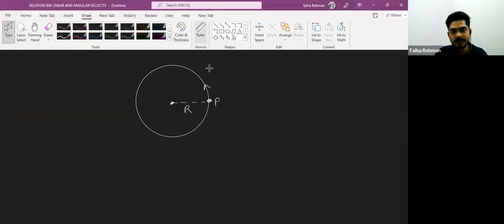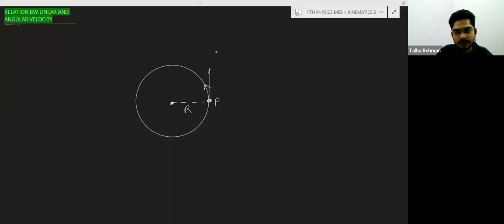At this point, the direction of the linear velocity will be tangent to the point P, the particle P. This will be the velocity v. This is also the radius. So in case of circular motion, you can see radius and velocity are perpendicular.